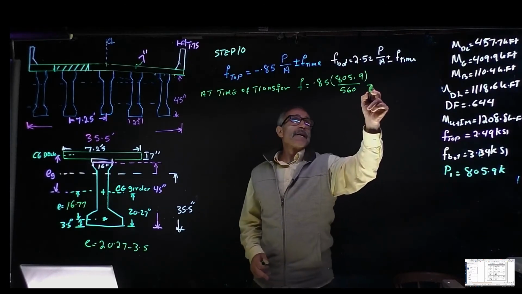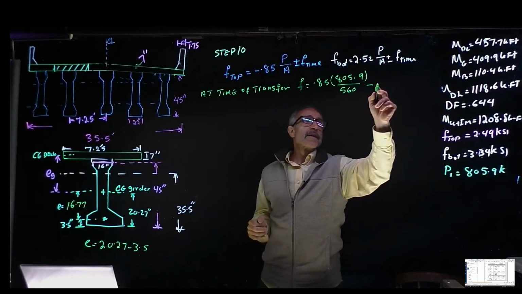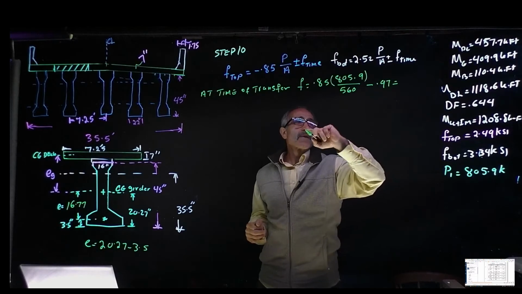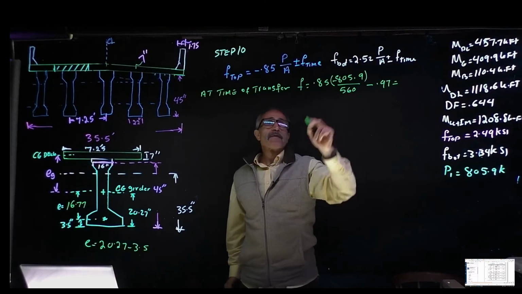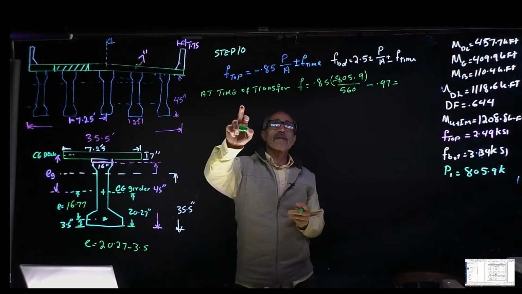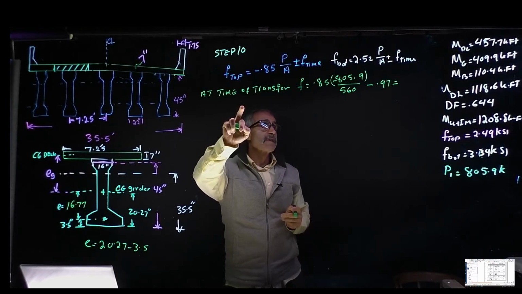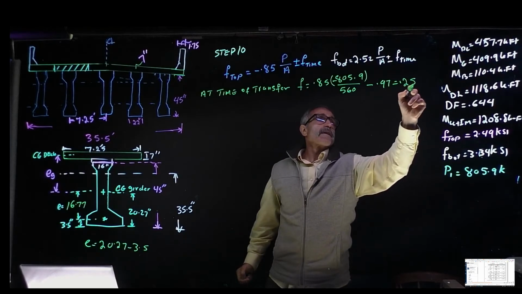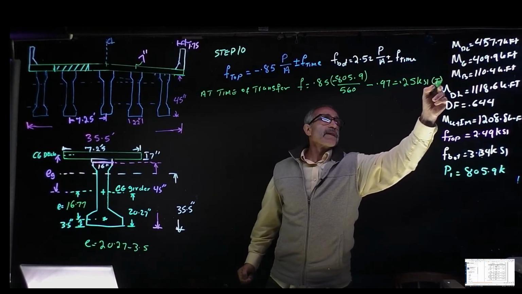Then minus, if you go back to step 8, minus 0.97. Check that out. That's where we had that from. And of course, this is going to be negative because we're doing it at the time of the transfer, and that's going to be a tension. So that's going to be 0.25 KSI in tension.